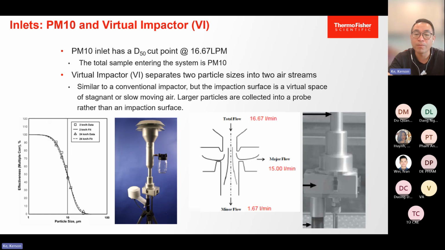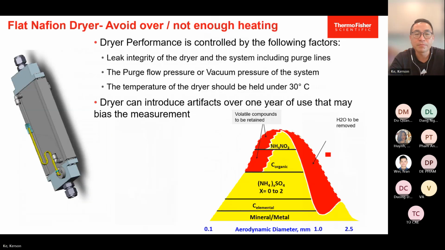One is for PM2.5 and another is for PM coarse. So that's the difference, the size difference. After we size the PM2.5, the sample gas will go through to this Nafion dryer.